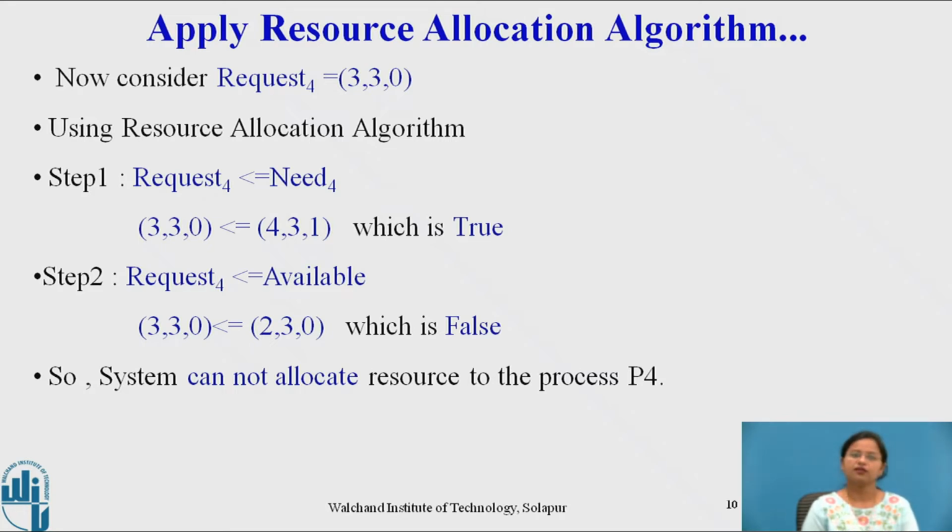And once it is possible to allocate, after allocation, check whether the system is in safe state or not. So by following this mechanism, the deadlock can be avoided in the system. And this is the banker's algorithm, which is used for avoiding a deadlock in multiple instances of resource type.